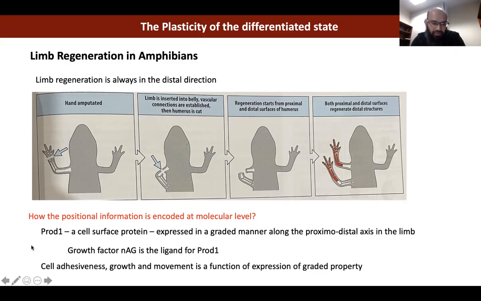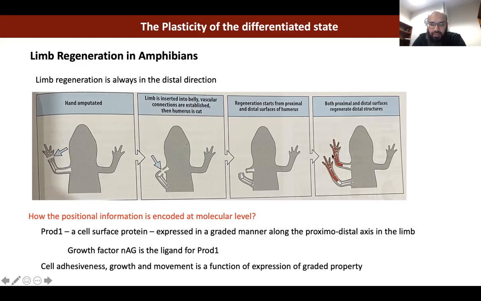And similarly, you have PROD1, a cell surface protein that is expressed in a graded manner along the proximal distal axis in the limb. So this is proximal, this is distal. Proximal is towards the shoulder, distal is towards the digits.